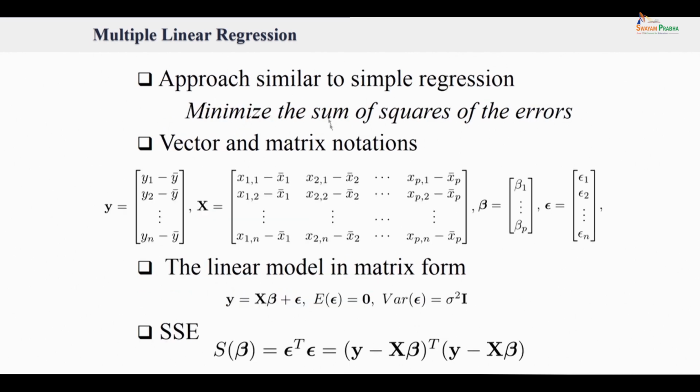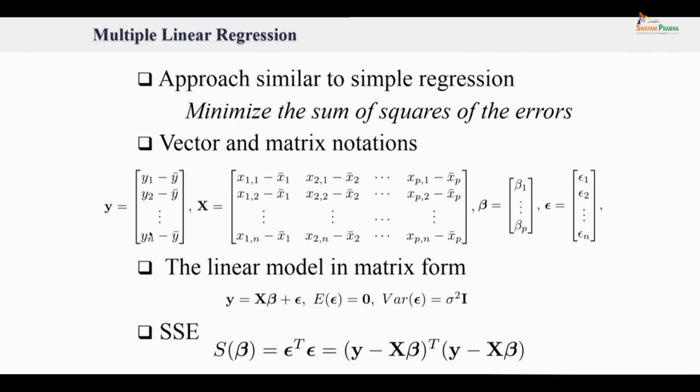Again, in order to find the best estimates of the parameters beta naught to beta p, we set up the minimization of the sum squared of errors. In order to set it up in a compact manner using vectors and matrices, we define the following notations. Let us define the vector y, which consists of all the n measurements of the dependent variable, y1 to yn.